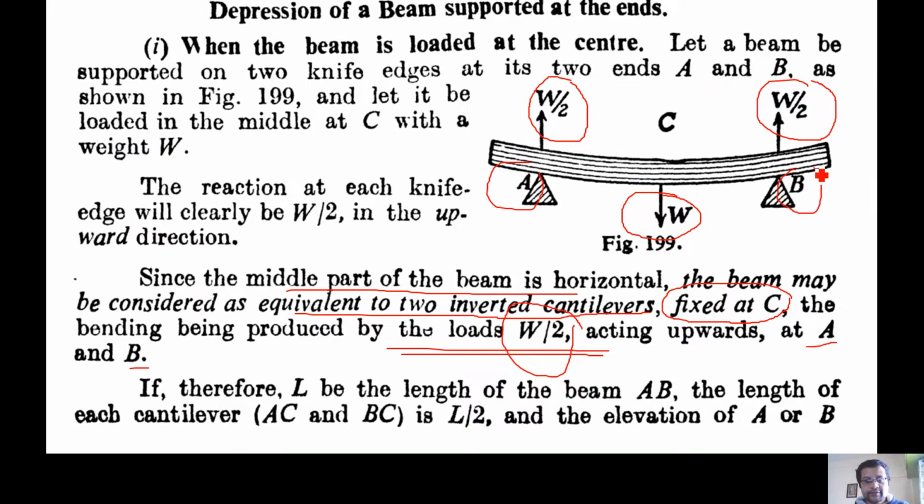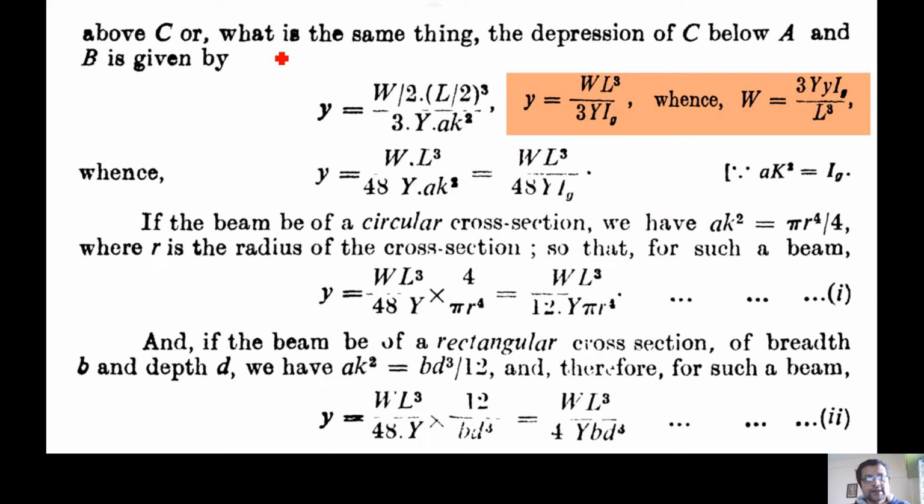Therefore, if we consider L as the length of the beam AB, the length of each cantilever, AC and BC, is L by 2. The elevation of A or B above C is the same as the depression of C below A and B, as you can see in the figure.